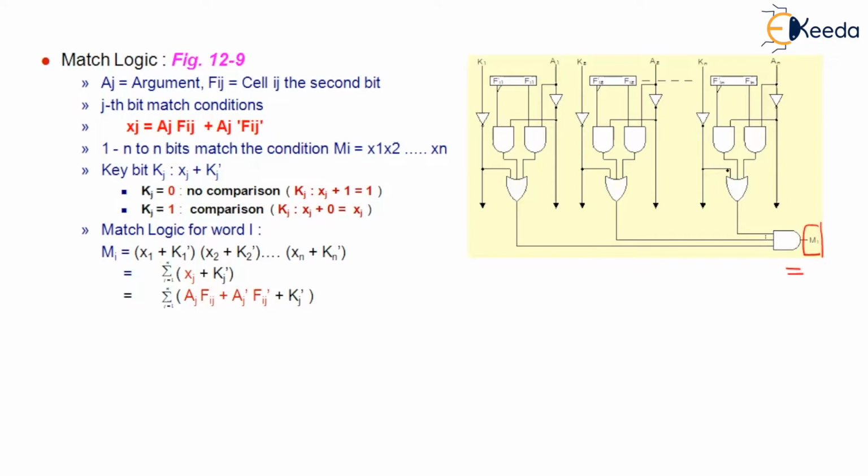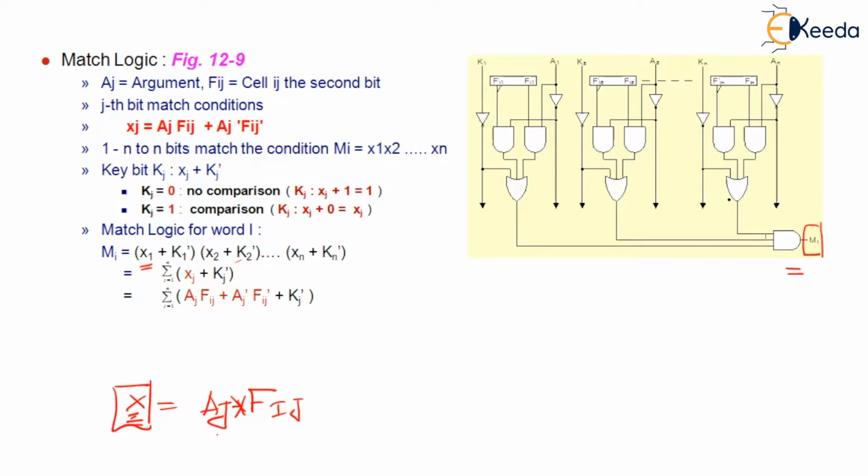Let us see if you do have an X. X is equal to Aj into Fij. If you divide X, this X has been made up of Aj into Fij.